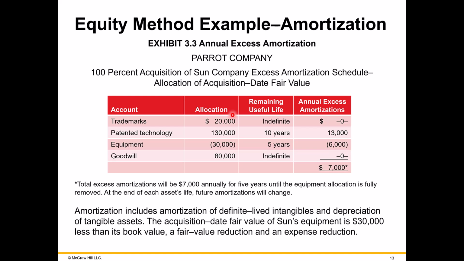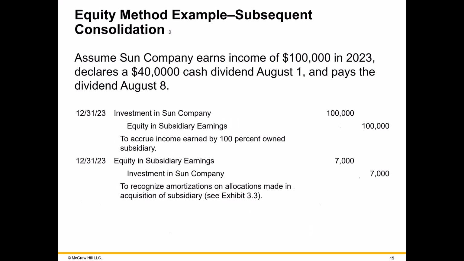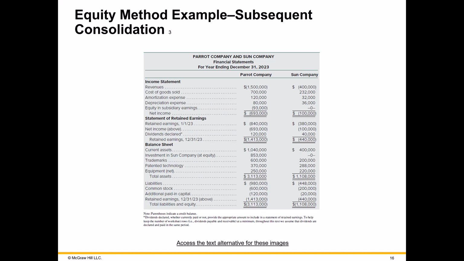Yeah, this one here, yeah? You're setting up these amounts more, yeah? More, 20,000 more trademark, 130 more patent, 30,000 less equipment. Goodwill was zero before, now here, $80,000 balance. That's what we're doing in that adjusting entry A.